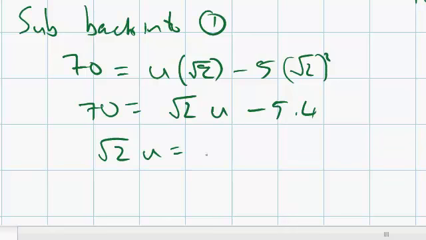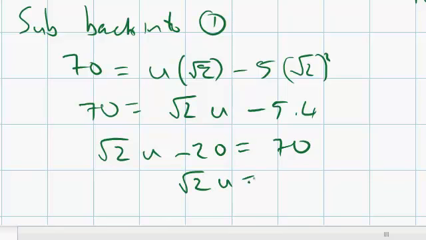Add 10 to both sides, and you get root 2 u is equal to 80.